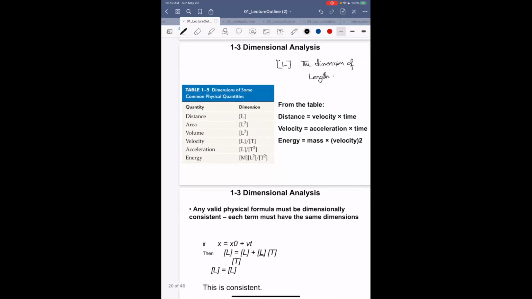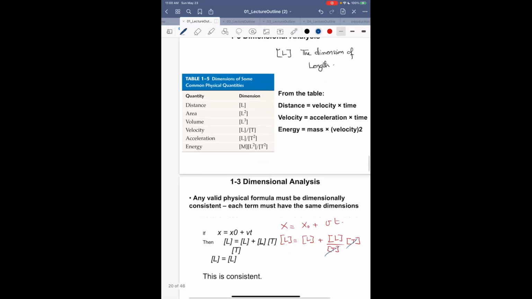For example, here I'm showing you the equation x equals x0 plus vt. We know this is a dimension of length, and this is a dimension of length, and this one is a dimension of length over a dimension of time, and this is time, then you will find that this is going to cancel, which means length equals length plus length, which is consistent.